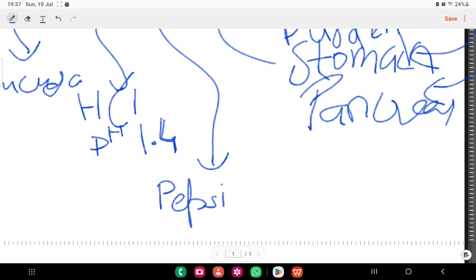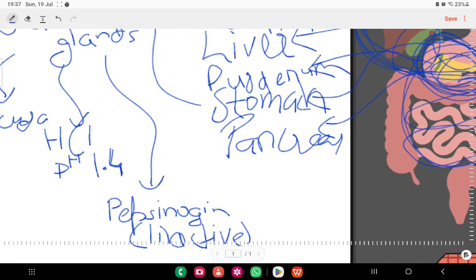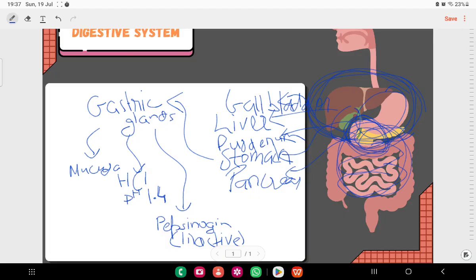Now you may think, but wait a minute, our teacher told us that it's pepsin that helps to digest proteins. Yeah, it's the function of this. But this thing right here is inactive. Now, what do you mean by inactive, you say? Catalysts speed up reactions, alright.